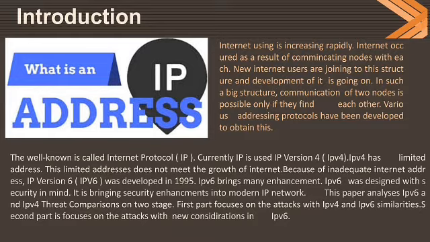This paper analyzes the IPv4 and IP version 6 threat comparison in two stages. The first part focuses on the attacks with IP version 4 and IP version 6 similarities. The second part focuses on the attacks with new considerations in IP version 6.